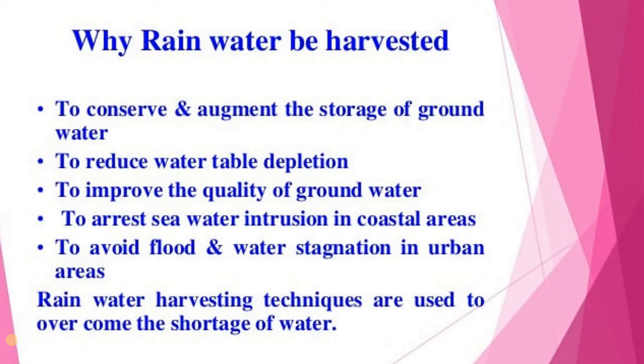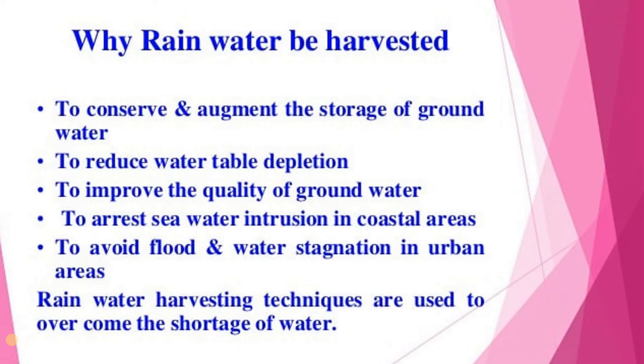Now, in rural areas, most of the ground has open soil, due to which the rainwater can seep into the ground naturally and make up for the loss in groundwater due to excessive use. In urban areas, however, most of the ground is covered with buildings, concrete pavements, and metal roads, due to which only a little rainwater seeps into the ground naturally.